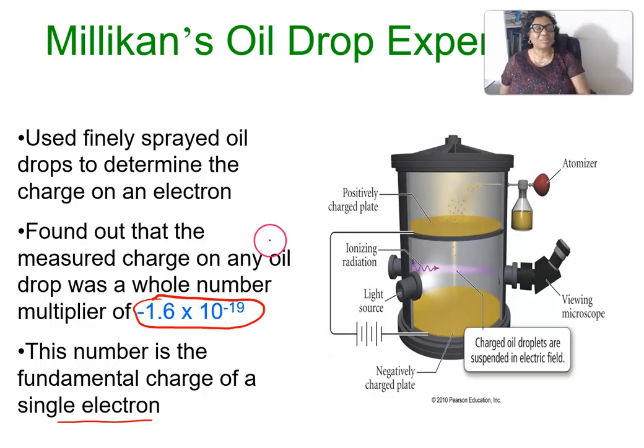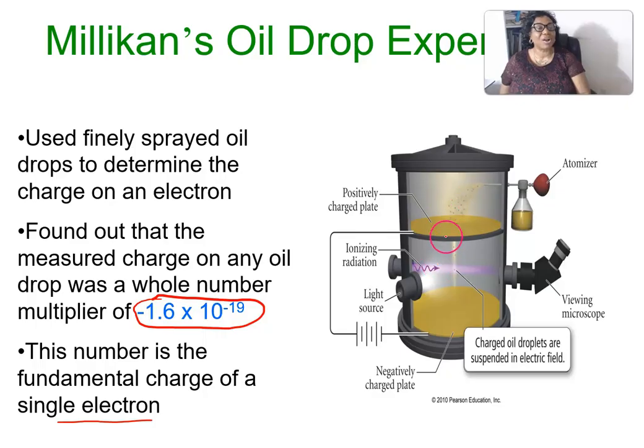So you can see how the experiment was conducted. He used this container. The atomizer atomized the oil and it was produced as a spray inside this tube. And inside this tube, you have this positively charged plate, but there's a hole there. And the oil was dropping, you see the oil dropping. And by the time it was dropping through a chamber, the air had been ionized.